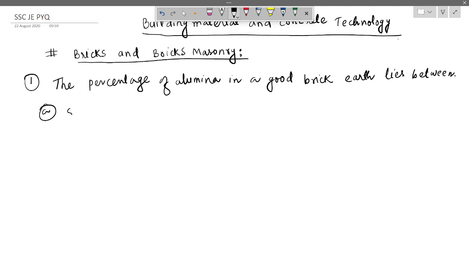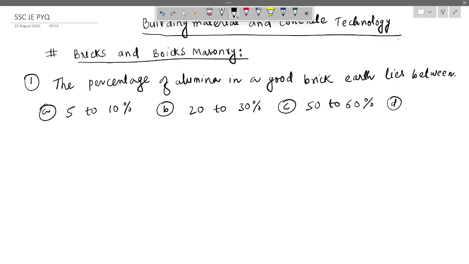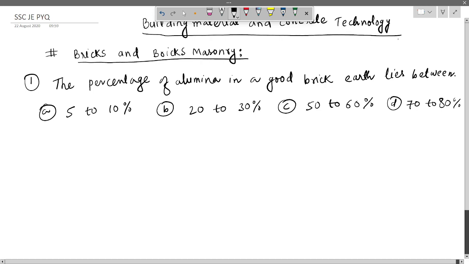So what will be the answer? First option is 5 to 10%. In B it is 20 to 30%, and in C it is 50 to 60%, and the D option, which is the last one, is 70 to 80%.